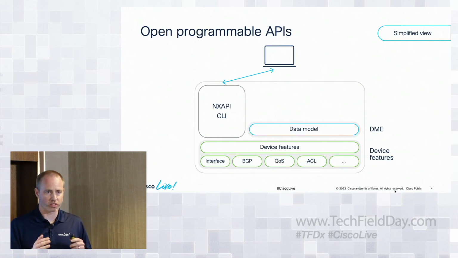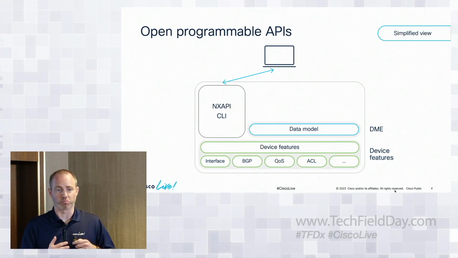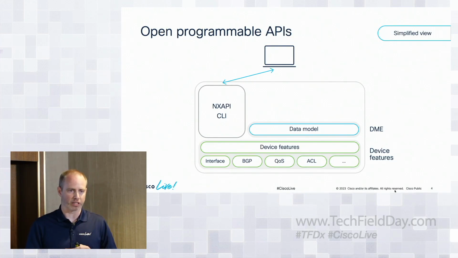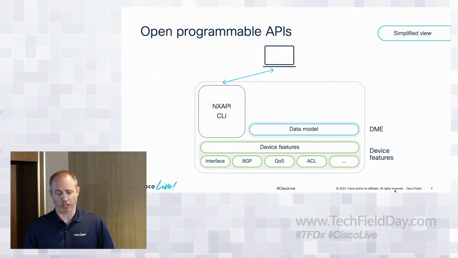And that's a nice starting off point, but it doesn't quite meet the requirements and the capabilities for what we call our model-based solutions, which are much more efficient and more easily integrated. So the foundation of all of these integrations on NX-OS is what we call our DME, our data management engine.